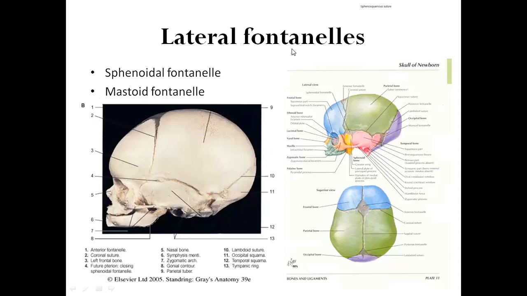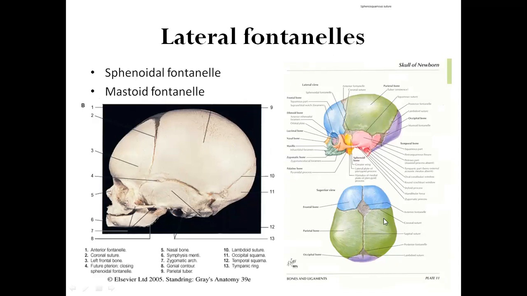Now see here, lateral fontanelles. Now this is the fetal skull. In the fetal skull, you will see certain openings between the skull bones, because we know from our general anatomy that most of the skull bones ossify in membrane. They undergo membranous ossification.